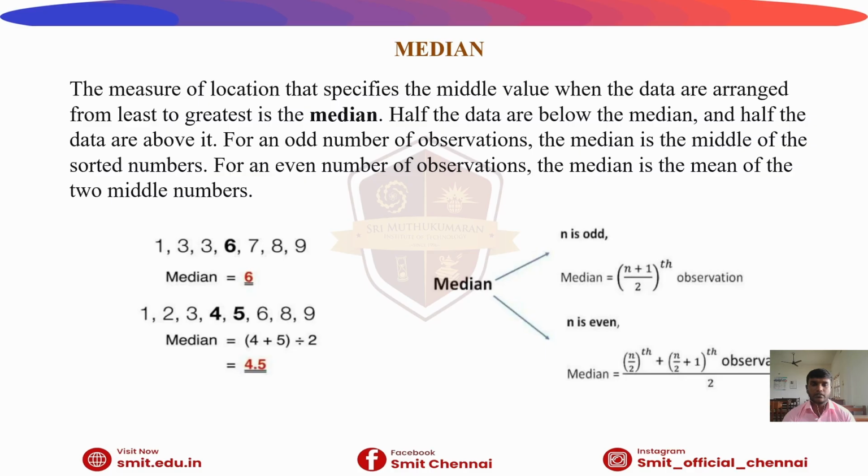Example: for the data set 5, 8, 12, 15, 20, the middle value, the median, is 12. In the case of an even number, 5, 8, 12, 15, you take the two middle values, 8 plus 12 divided by 2, so the median is 10. The median is not affected by extreme values. It is a robust measure.